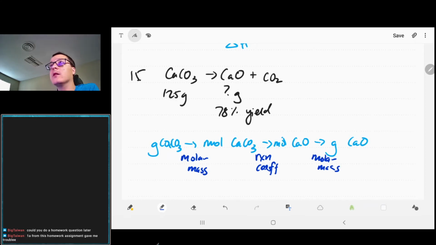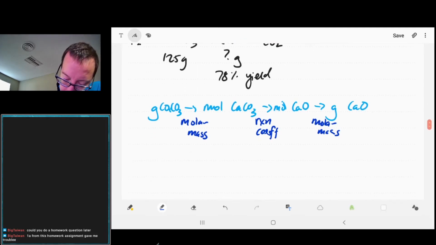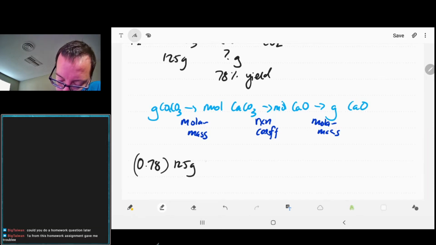Alrighty, so let's see. I think calcium carbonate's molar mass was the 100.09. Yep, there it is. So I'm just going to start off by doing the 78%. Of course, if you would prefer to do that at the end, that is just fine.